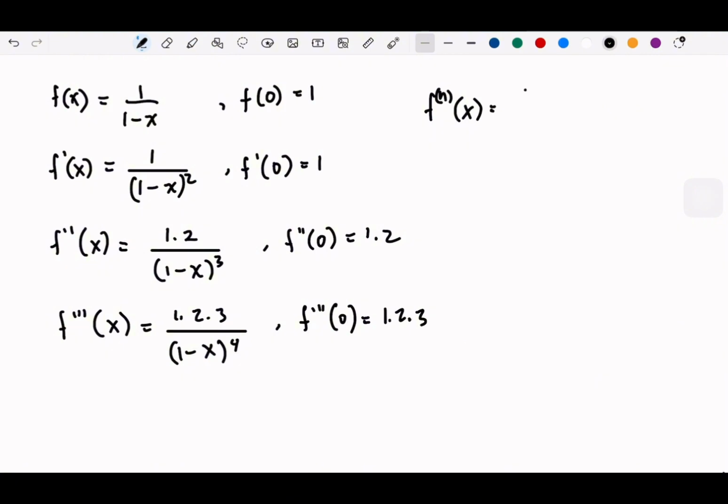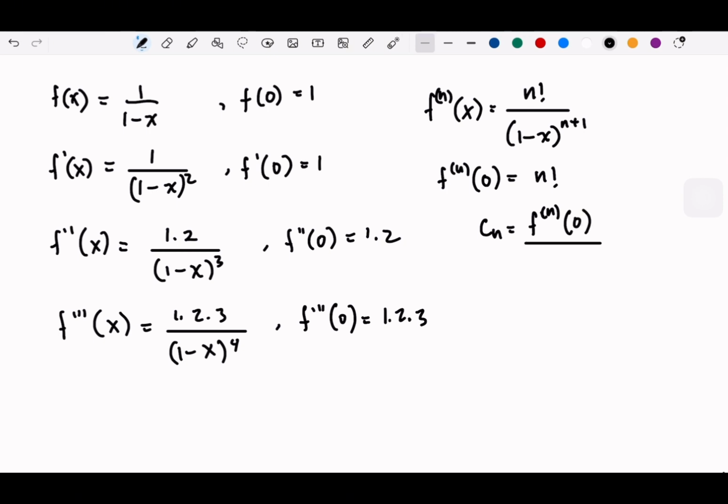This will be n factorial over 1 minus x to the n plus 1. And for x equals 0, this will be just n factorial, right? Basically. So then the coefficient is just n factorial over n factorial, which is 1.